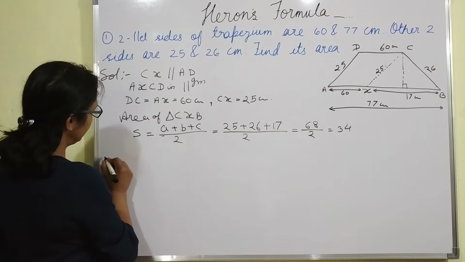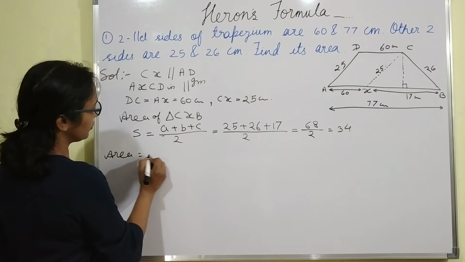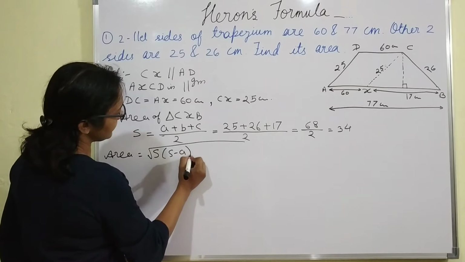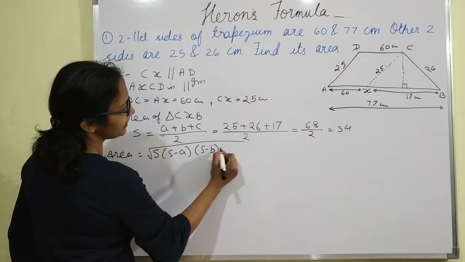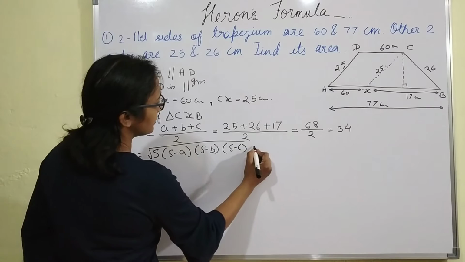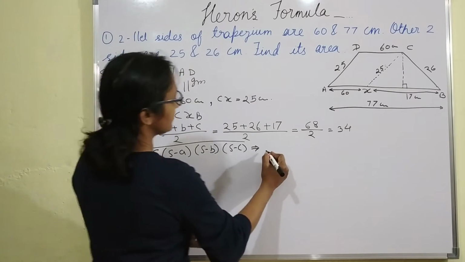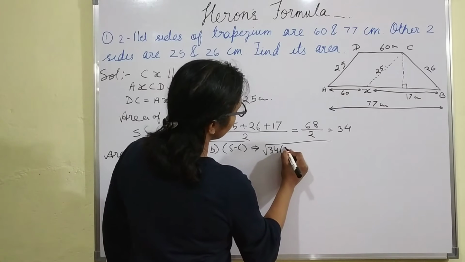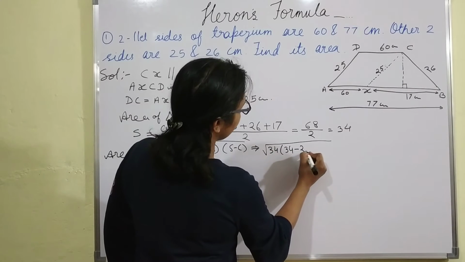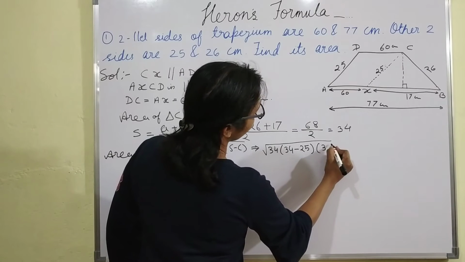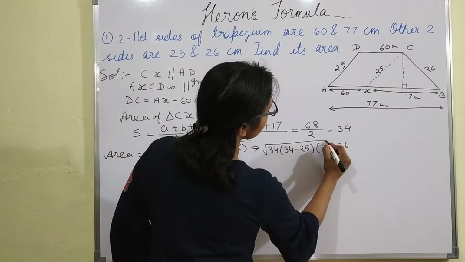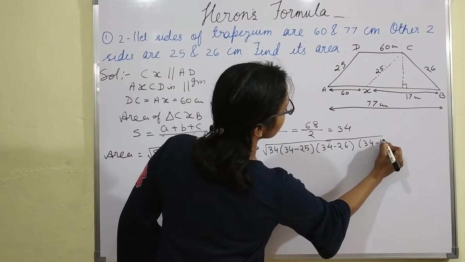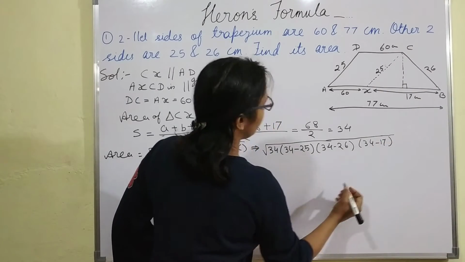Now area equals the square root of S minus A, S minus B, S minus C, that is 34 into 34 minus 25, 34 minus 26 and 34 minus 17.